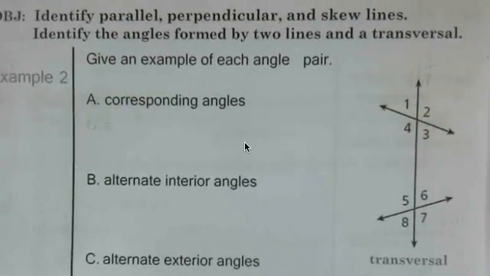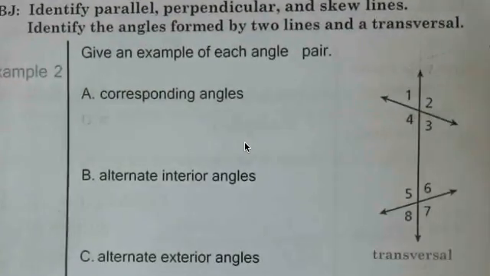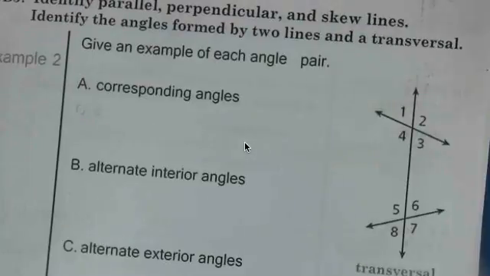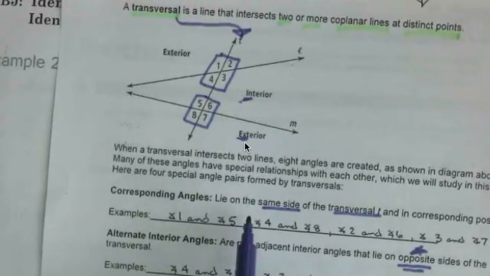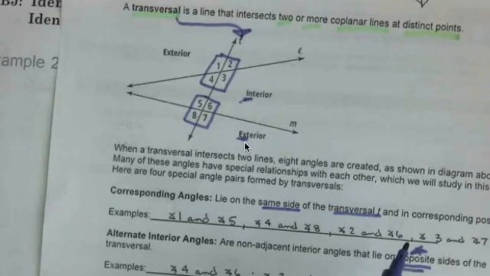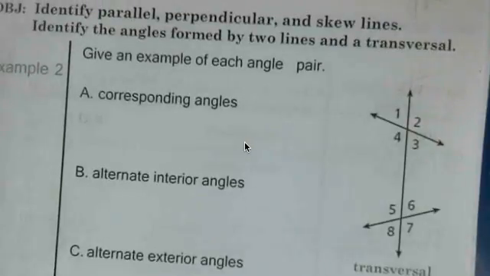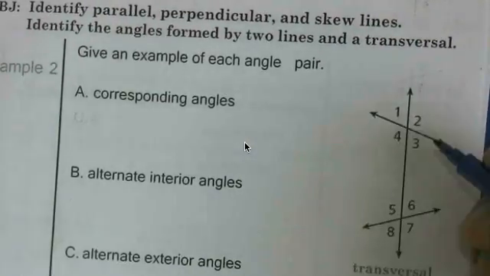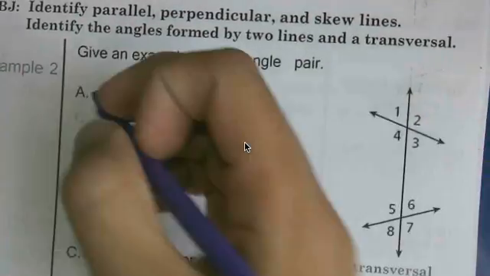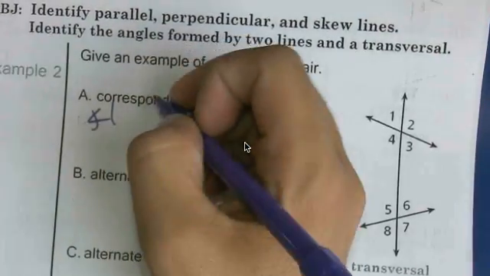And we'll see some examples of this. So we have these transversals here, taking a look at the type of example for each angle pair. So we're looking at corresponding angles. Well, I go back and I look at my information when I'm stuck. So recall that corresponding angles lie on the same side of the transversal and in corresponding positions. So corresponding angles, we could say that the top left and top left, angle 1, angle 5.